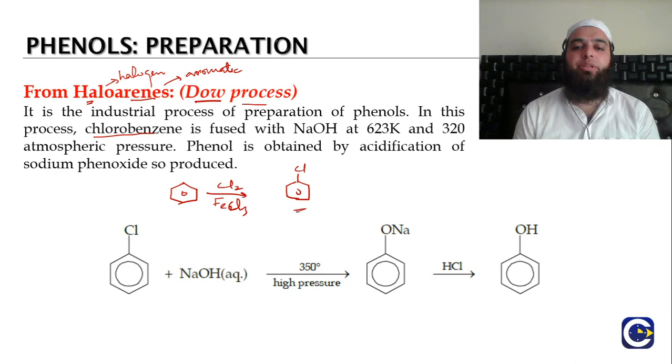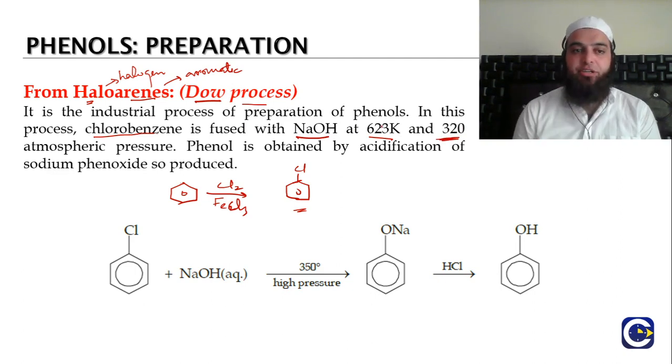When chlorobenzene is reacted with aqueous sodium hydroxide at a very high temperature of about 623 Kelvin and a high pressure of 320 atm, we get the product.